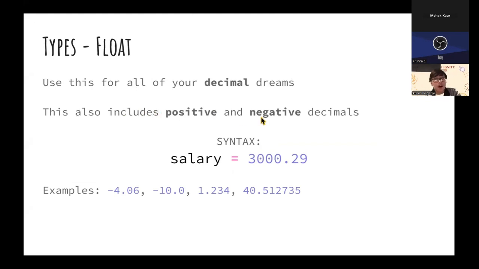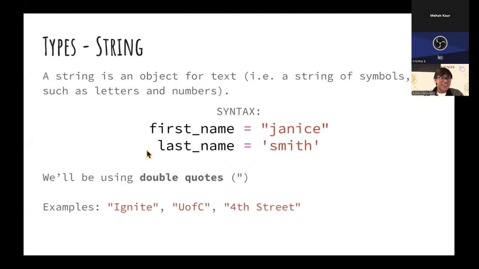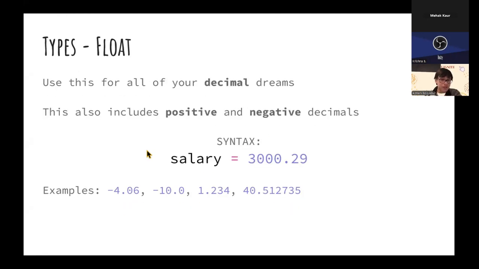This includes positive and negative decimal numbers. So salary could be 3,029. I really hope that's a low salary. So yeah, those are some examples.